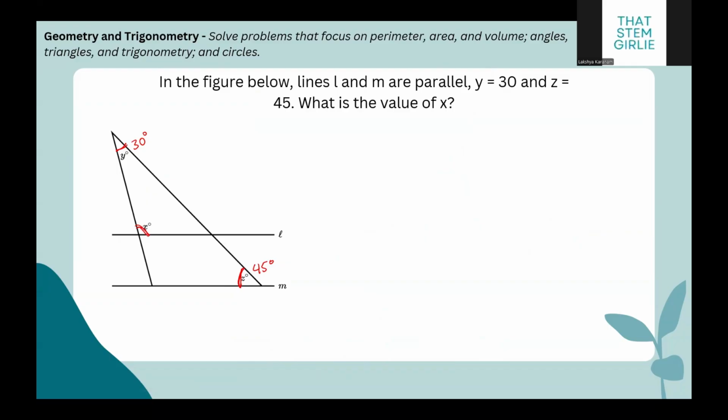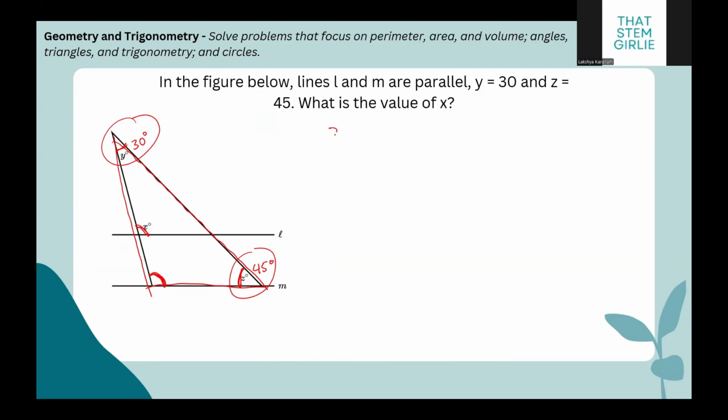Okay. Well, like we said before, the sum of all the angles in a triangle is 180. So we know this angle and this angle of this big outer triangle right over here. So we can easily find what this angle is going to be, right?